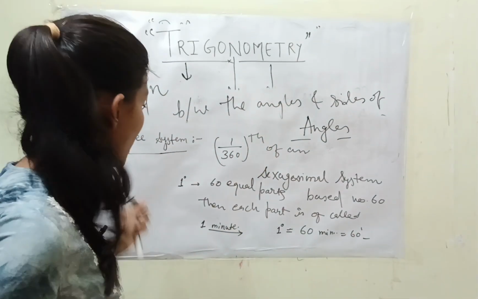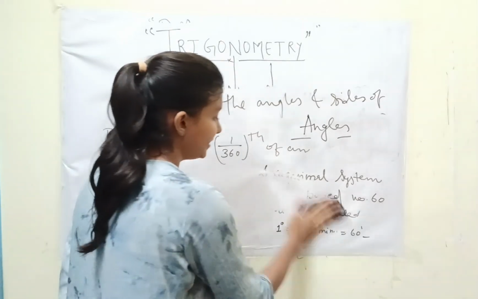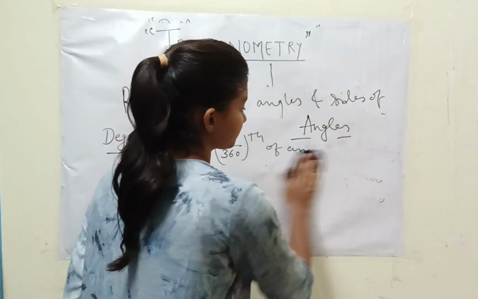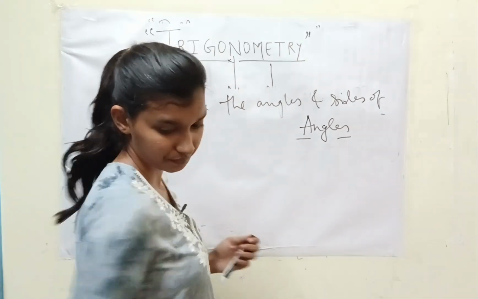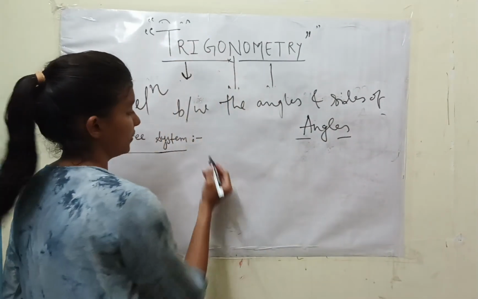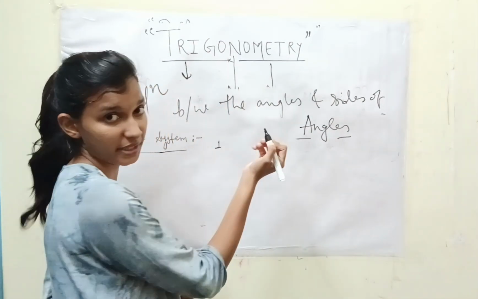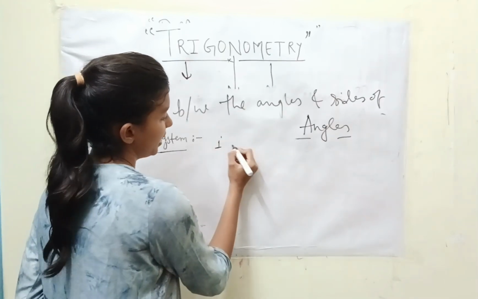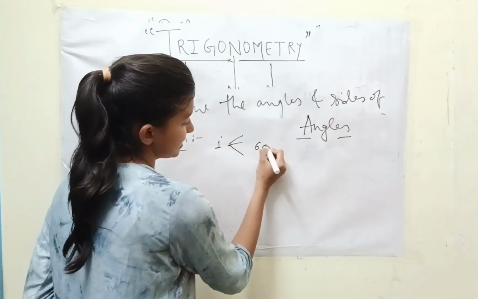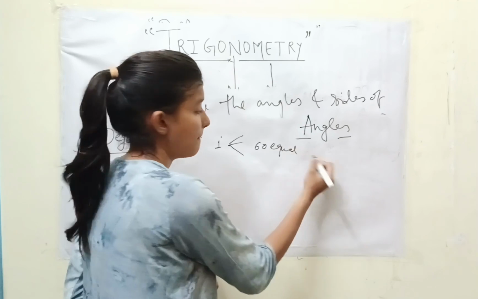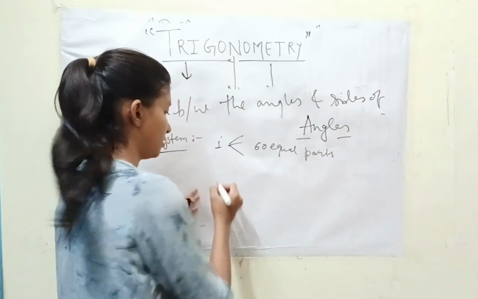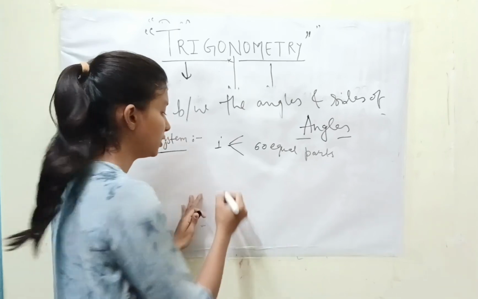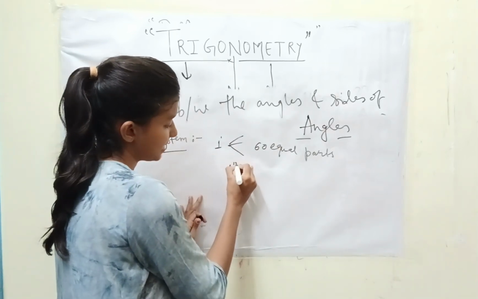Further, if we have one angle of 1 minute and divide it in 60 equal parts, then each part of this angle is called 1 second.